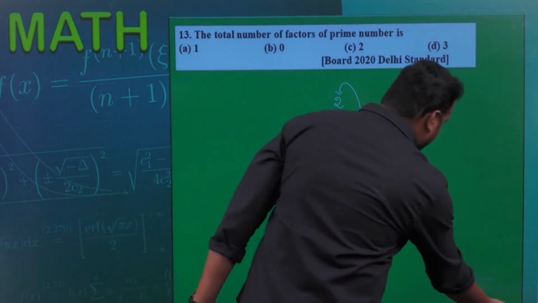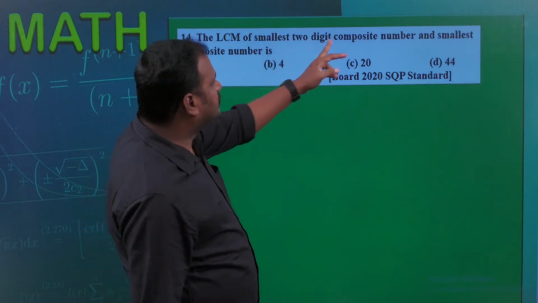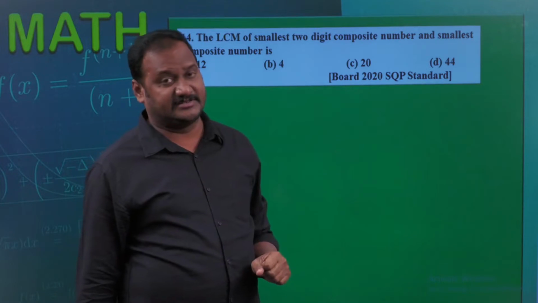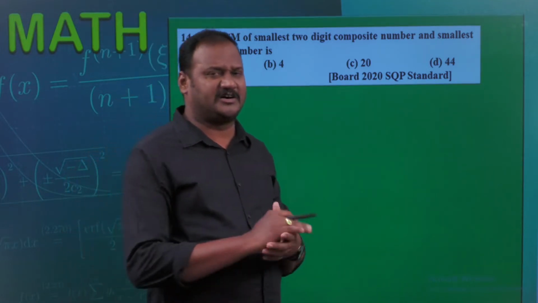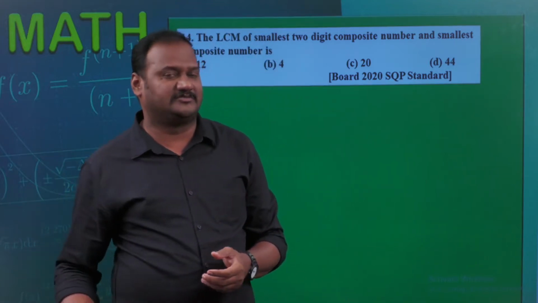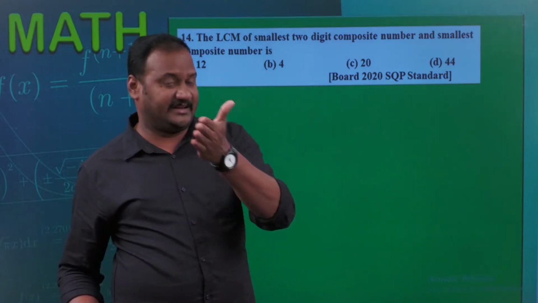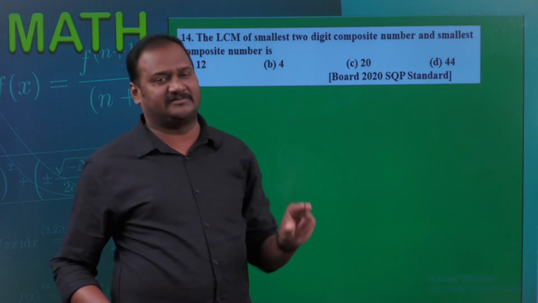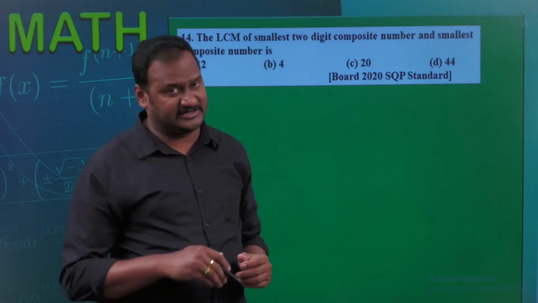Moving on to the next problem: the LCM of the smallest 2-digit composite number and the smallest composite number. What is the smallest 2-digit composite number? 2-digit numbers start from 10, next 11, next 12, and so on up to 99, of course. The smallest of these is 10. Is 10 a composite number?